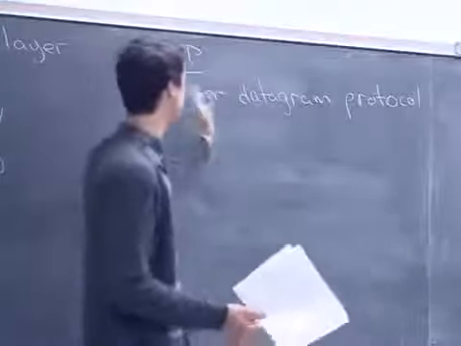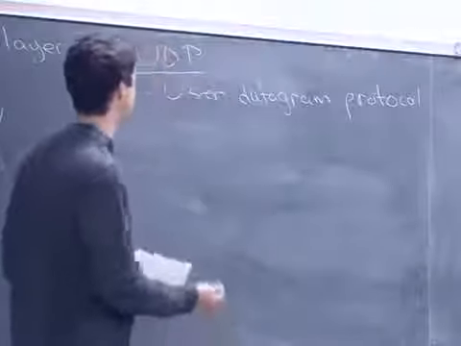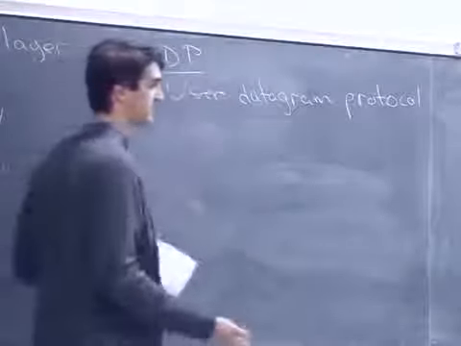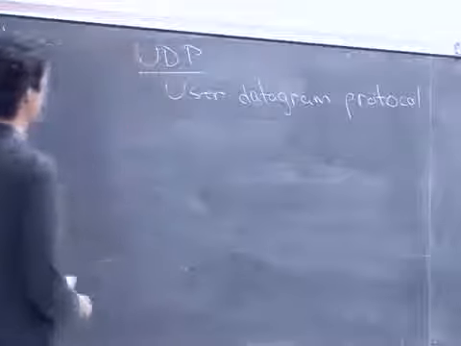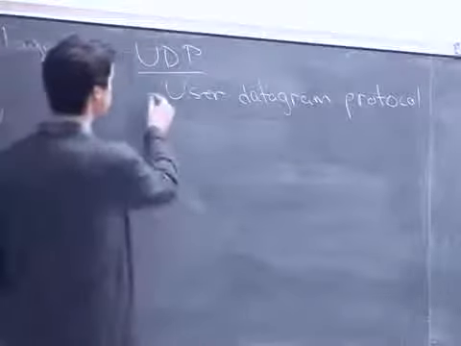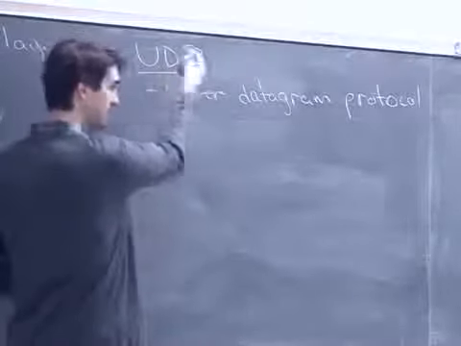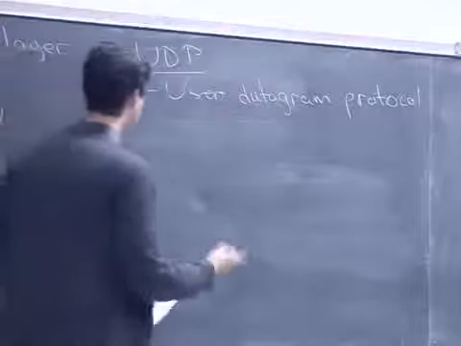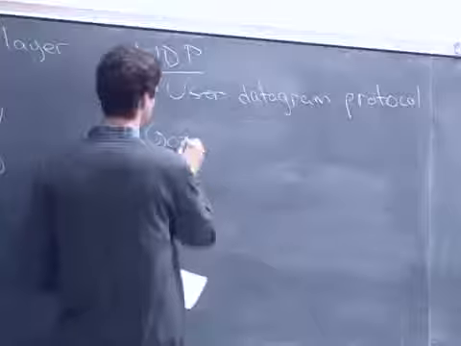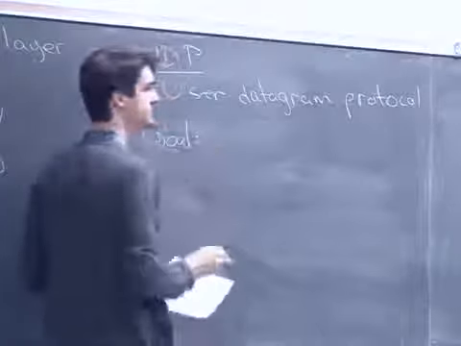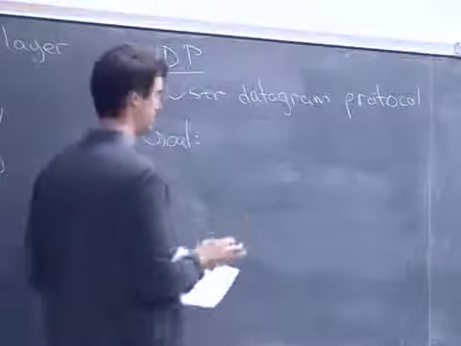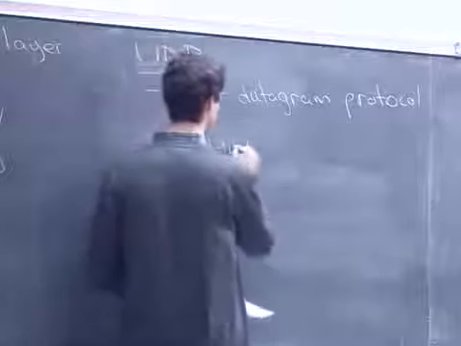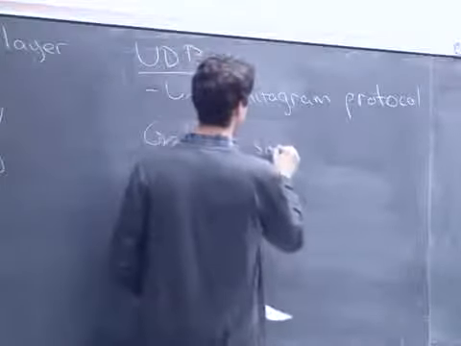So when it was originally named back in the 70s, it got this name, the User Datagram Protocol, okay? But you probably don't really need to know what it stands for, just know the acronym, UDP. So the goal of UDP is to be as simple a transport layer protocol as possible, okay? As simple transport as possible.